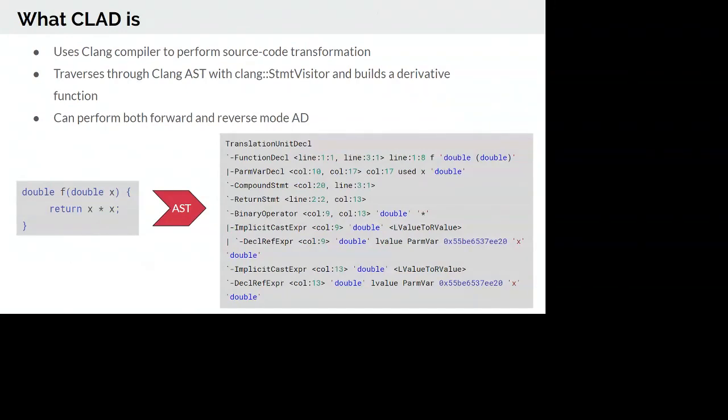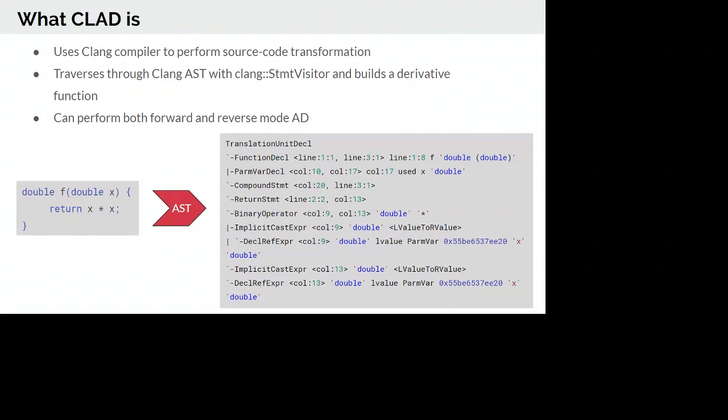Other tools use something called operator overloading, and in those cases, you have to use custom types to perform AD. But the drawback to that is that there's a lot less portability to the code, and there's a higher learning curve. But with source code transformation, you can use built-in types, and it's a lot easier to learn.